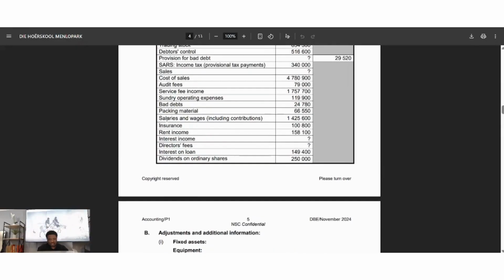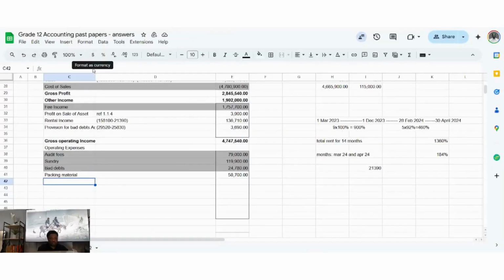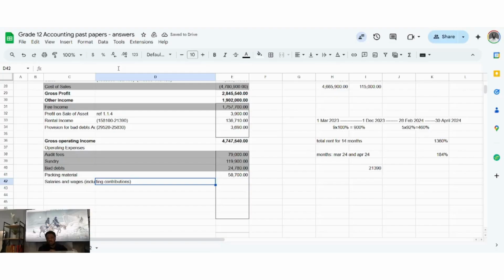So the next expense is salaries and wages. The way in which this one goes, it says that it includes contributions as well. So typically when you do salaries and wages, you're going to be told about one omitted employee, and you then basically need to include them. But the most important thing to understand is that whatever amount you calculate for salaries and wages, it has to be the cost to company.